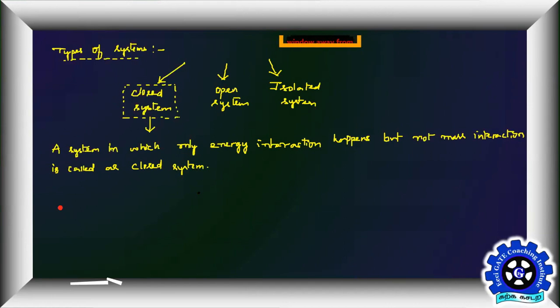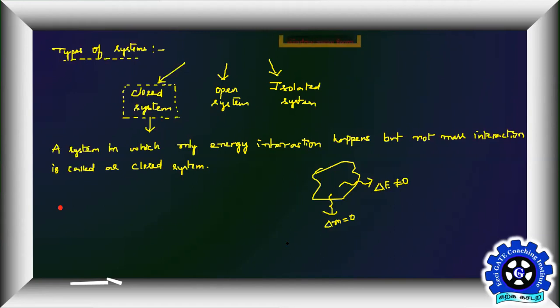So that means you have a system. You see only energy interactions. Say I'll write something like delta E not equal to 0. That means you will be having some energy interaction between the system and surroundings, but you don't see any mass interaction. Delta M equal to 0.